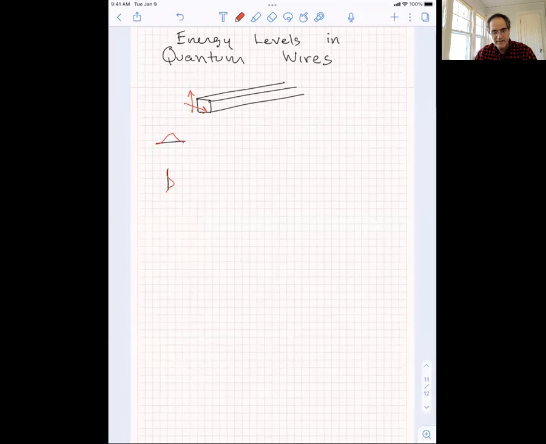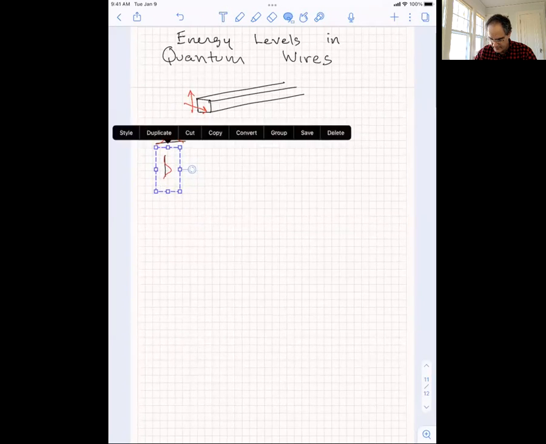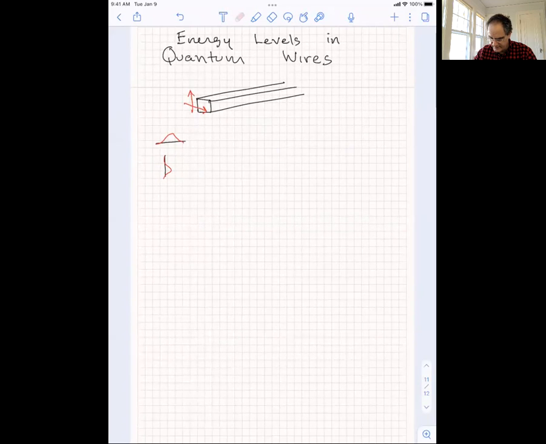But in the 3rd direction, it will be extended. So, just as before, we can calculate confinement energies associated with each of these types of confinement, and we'll get a series of energy states. I'm not going to calculate them right now.